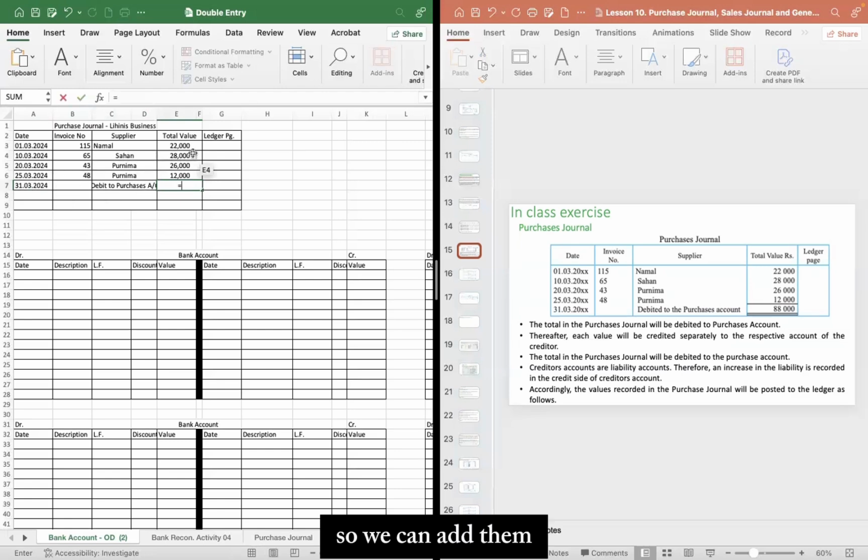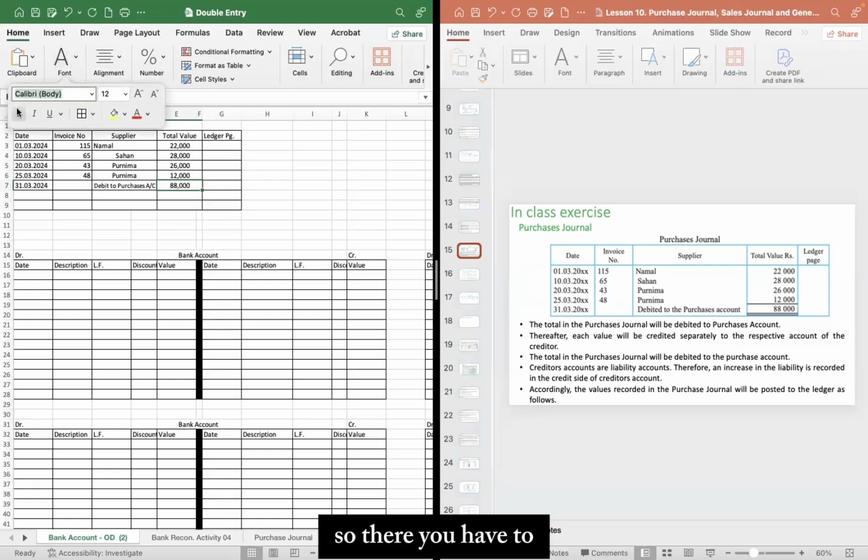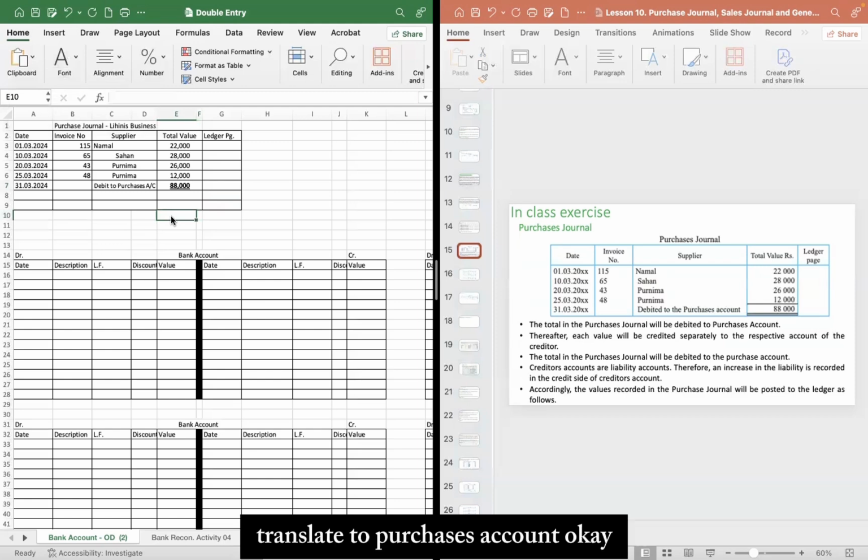So we can add them. It's 88,000. So there you have to transfer it to purchases account.